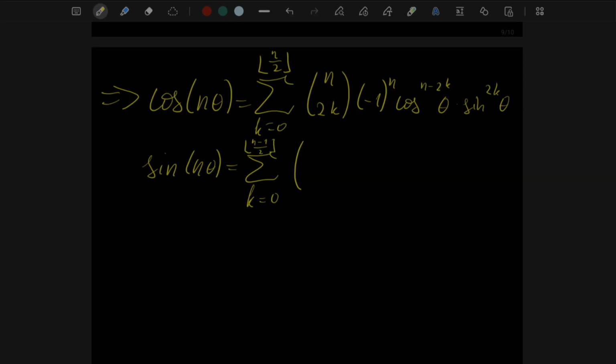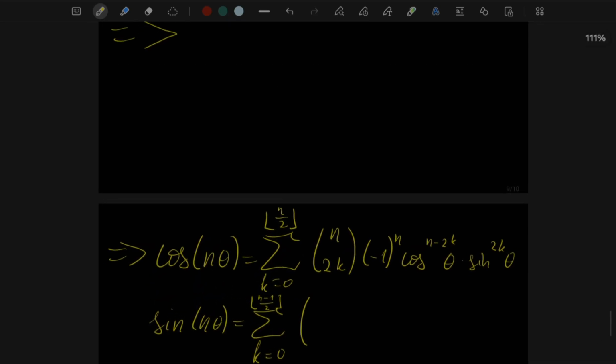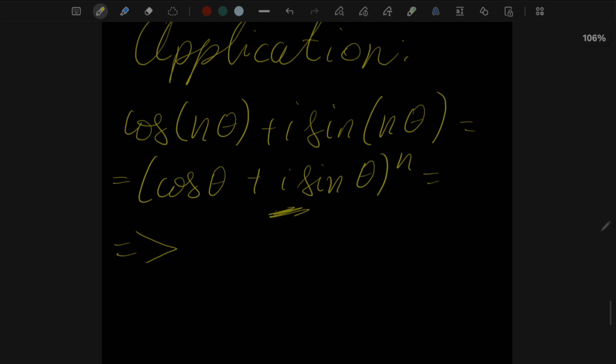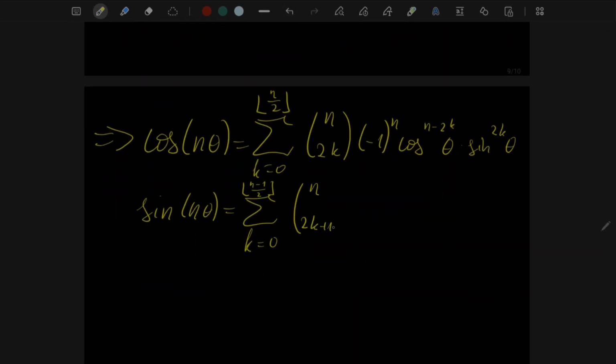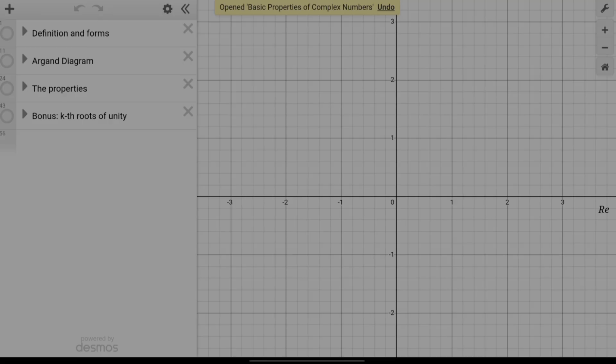And it is pretty much the same, except we have a 2k plus 1 instead of 2k, because we don't have the even terms, but we have the odd terms. Why? Because we need the i, the imaginary unit here, to correspond to this one i. Okay? And that is it for this one topic.